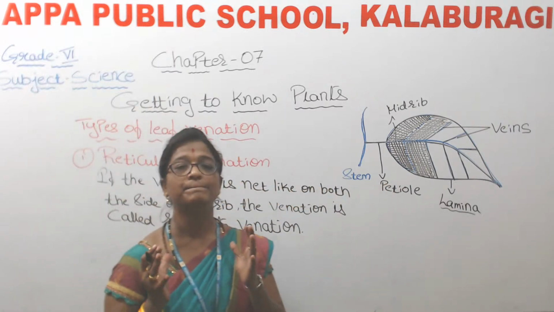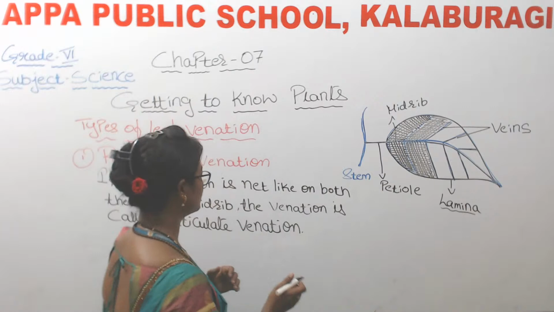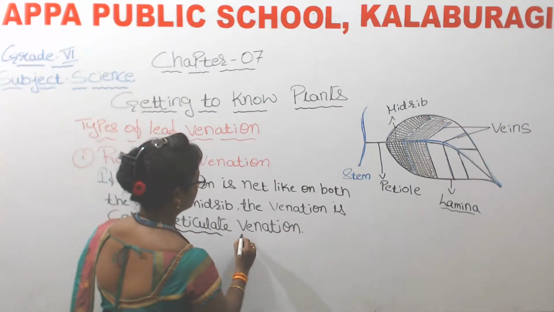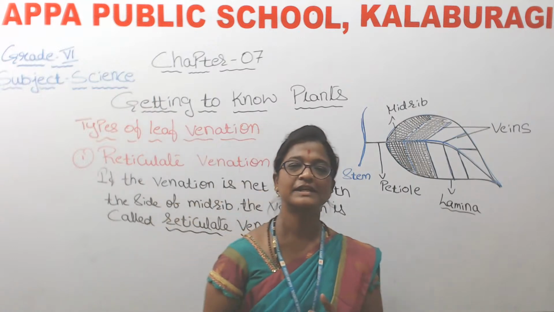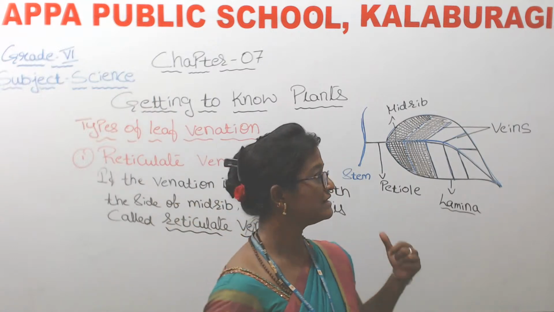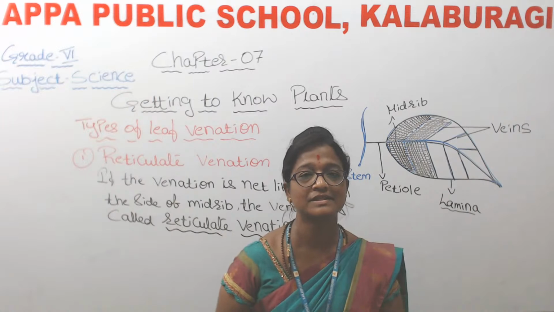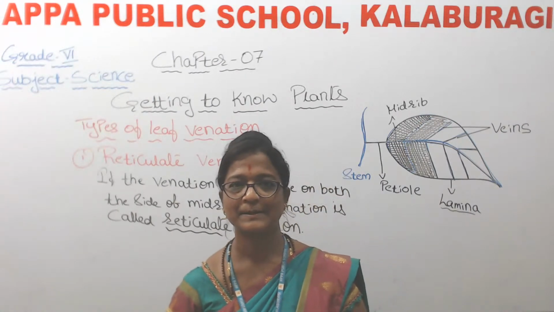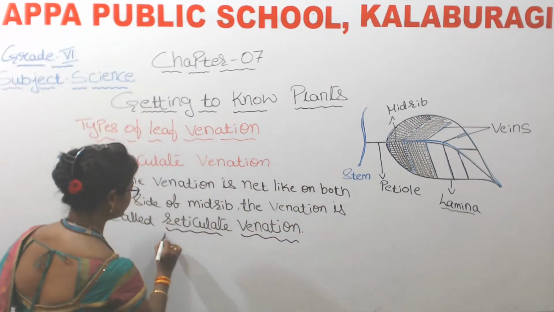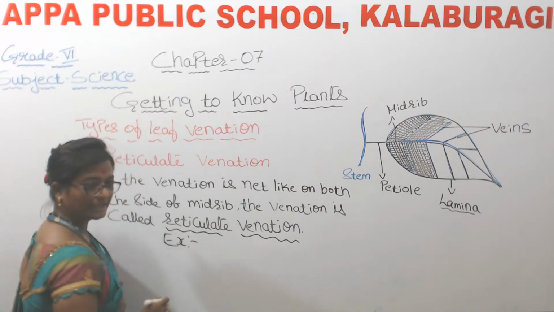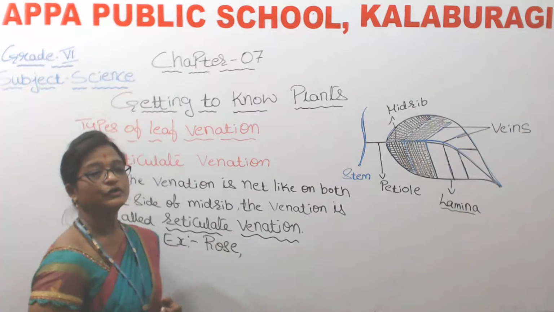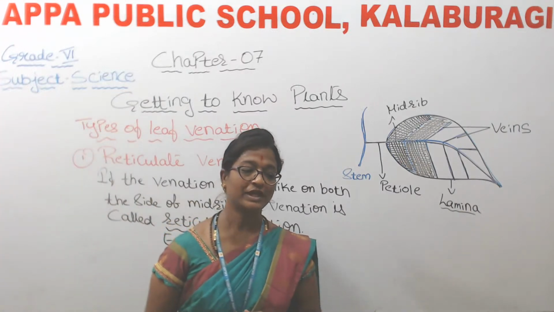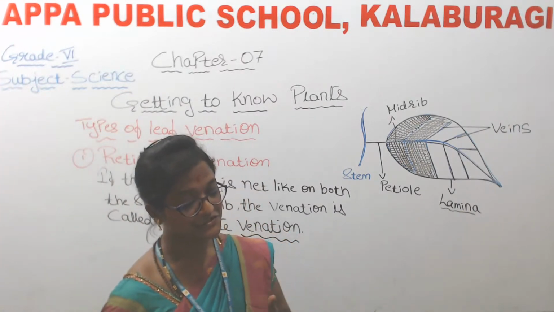So they form a pattern. That is known as reticulate venation. Now, what are the examples for this reticulate venation? Where do we find these types of leaves? In which plants can we see them? Ishmael, can you guess? Let me tell you. Example: just observe a rose plant, you can find a net-like structure.